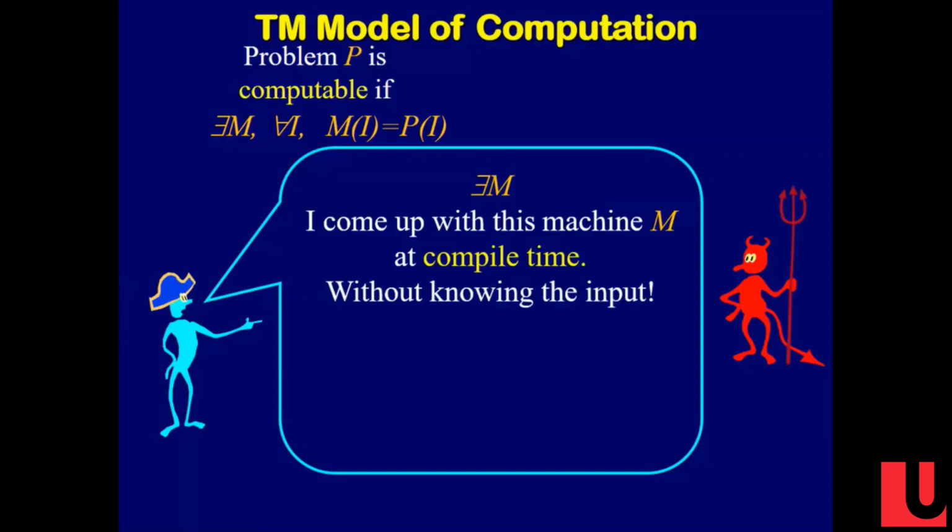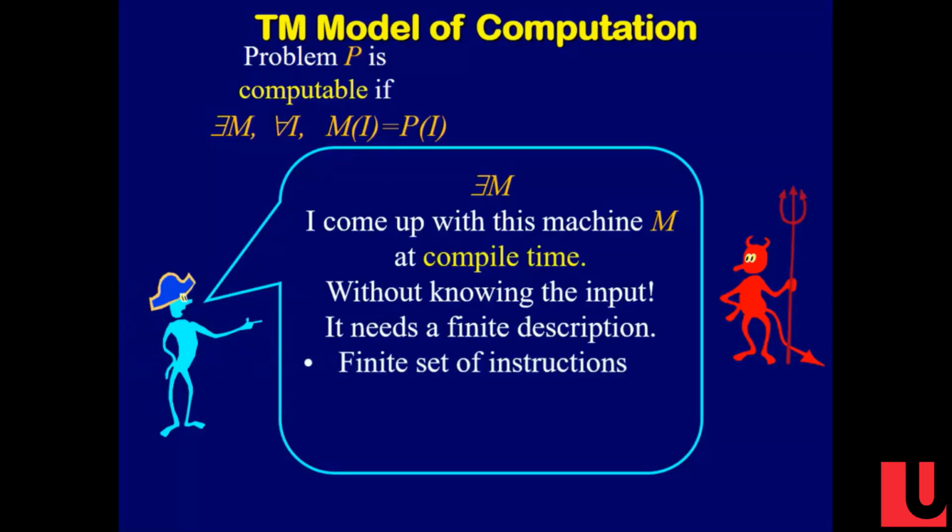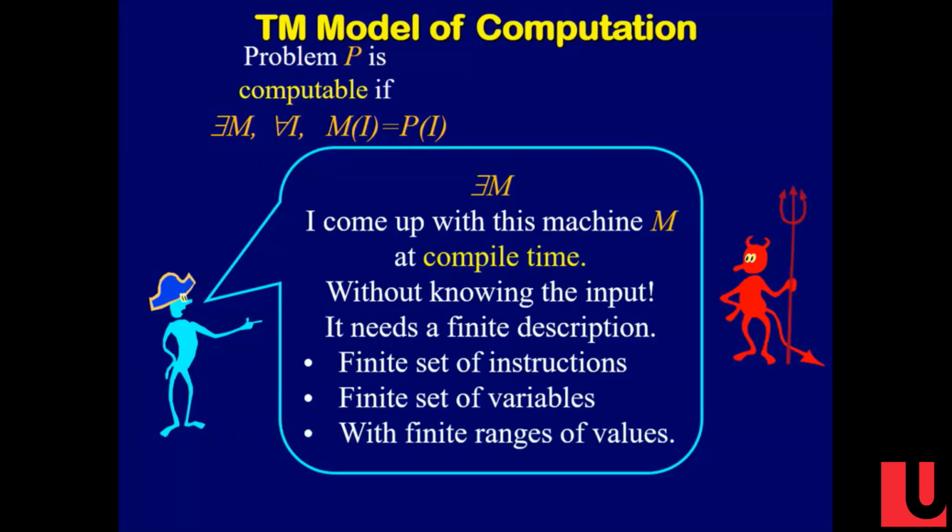We don't know the input. It needs a finite description, a finite set of instructions, a finite set of variables. Each variable is going to have a finite range. What I didn't add here, I should add, is a finite table lookup to tell me what to do next. This slide was created many years ago, versus the table lookup, which was created a couple of days ago.